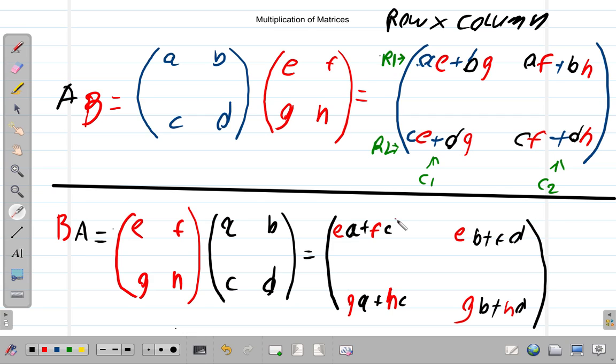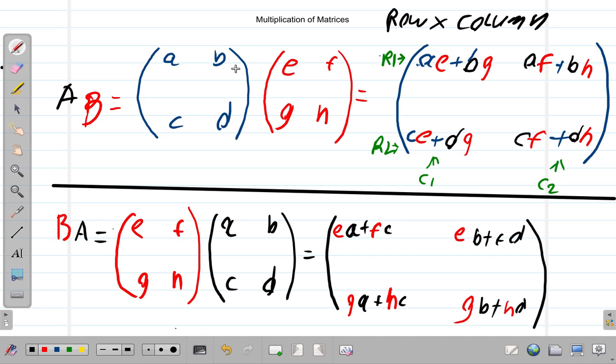So, in matrices, if you switch around which one you multiply first, the one on the left you switch to being on the right, and the one on the right you switch to being on the left. Example, you have A on the left, B on the right, then you have B on the left, A on the right. You get a different answer.